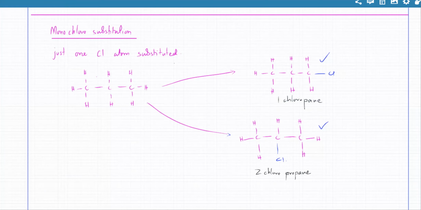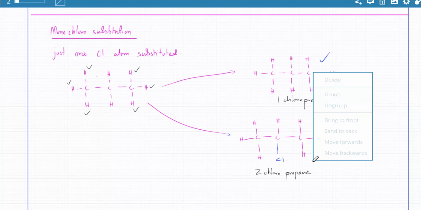Propane, actually. So 1-chloropropane: chlorine is on the first carbon atom. Now the thing is that if Cl gets substituted at any one of these hydrogen atoms, it's going to be called 1-chloropropane. Like the Cl would be either on this carbon atom or on this carbon atom, it's still 1-chloropropane. So they were asking for the probability of getting either of the two molecules.